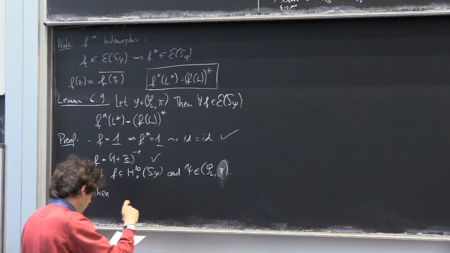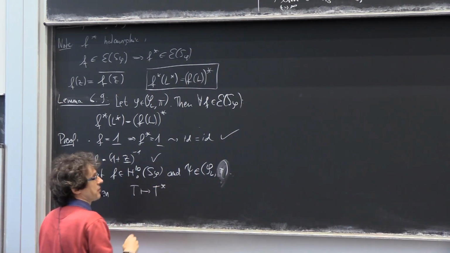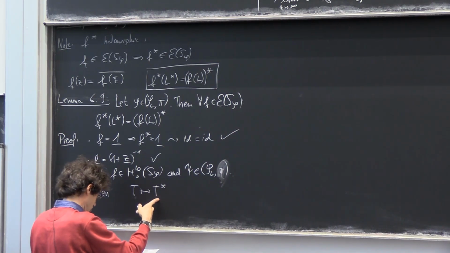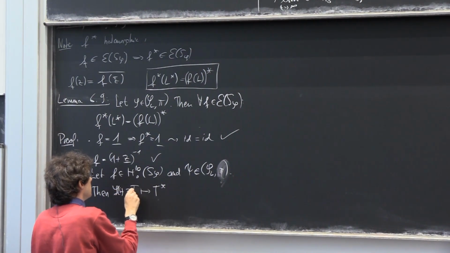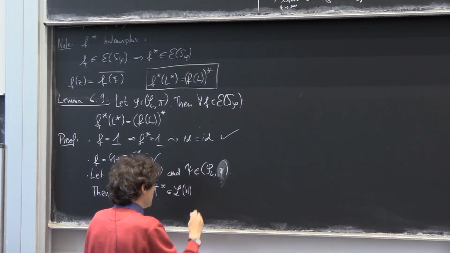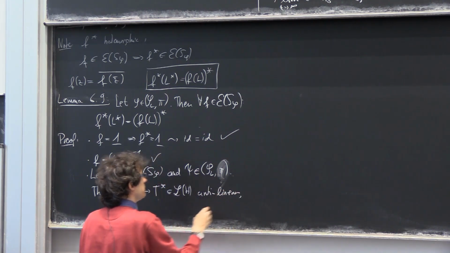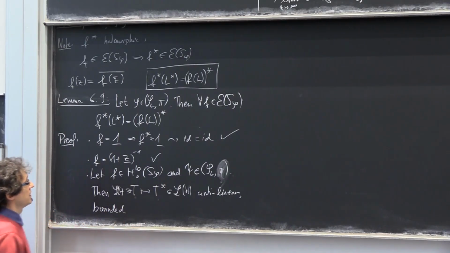For this it's important to note that the adjoint map, which takes an operator and sends it to its adjoint, as a map from L(H) to L(H), is an antilinear bounded map.